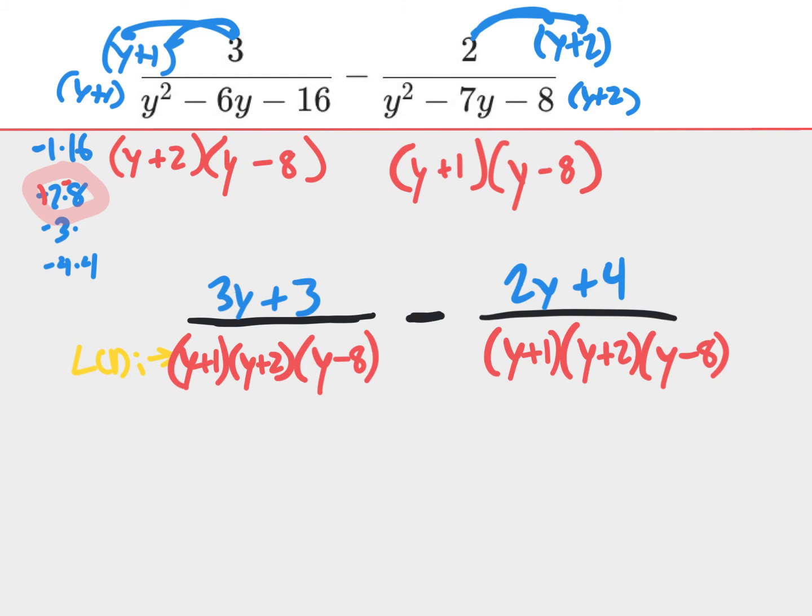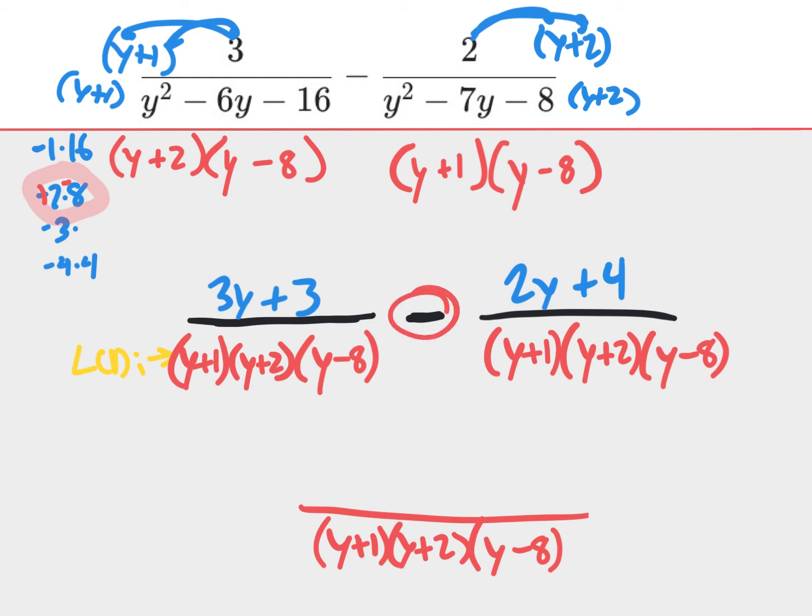And of course, you're going to write your answer over the LCD, y plus 1, y plus 2, and y minus 8. Okay, so what we need to understand is that this minus sign belongs to the binomial 2y plus 4. That means you need to distribute.